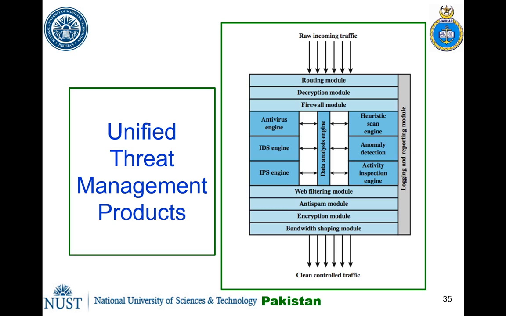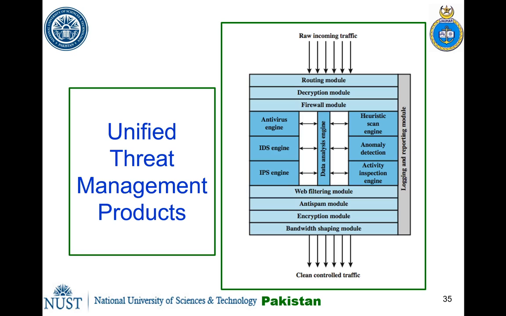The figure on this slide shows a typical UTM appliance architecture. The inbound traffic is decrypted if necessary before its initial inspection. If the device functions as a VPN boundary node, then IPsec decryption would take place here.